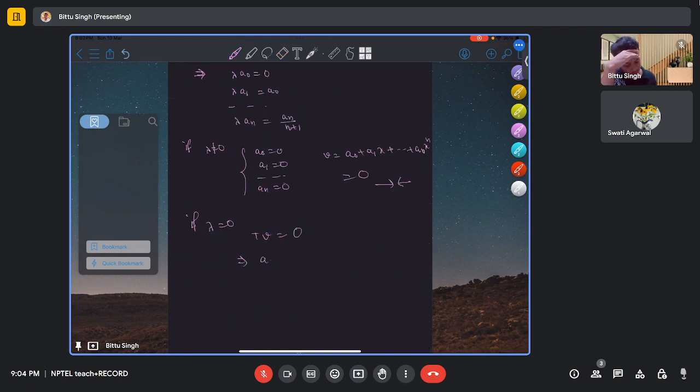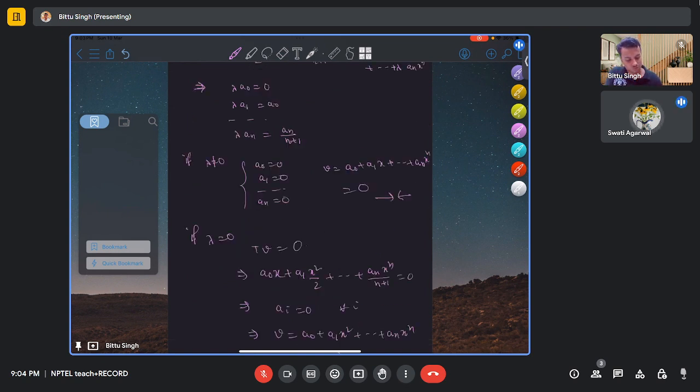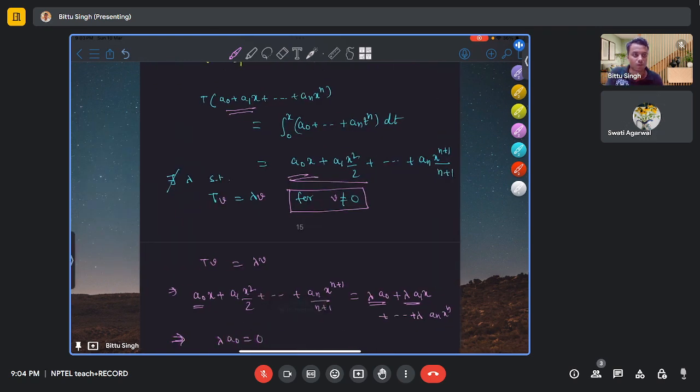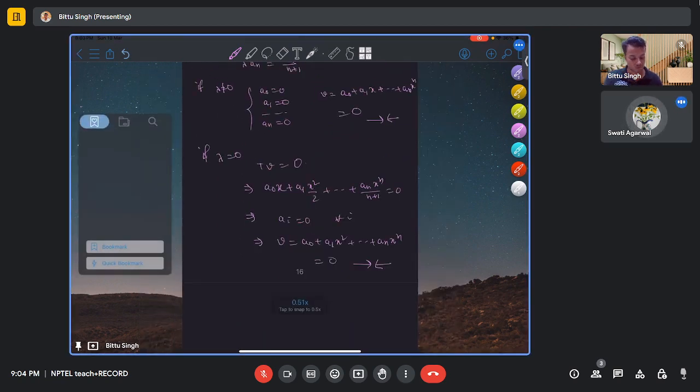This will imply a0x plus a1x squared by 2 up to an x to the power n plus 1 by n plus 1 is actually 0. Again comparing the coefficients from the left and the right side, each ai is 0. This will again imply v, this polynomial, is identically 0. So again we are getting a contradiction, because we assumed that v is non-zero. So this means lambda does not exist.